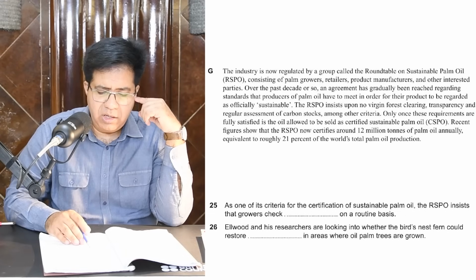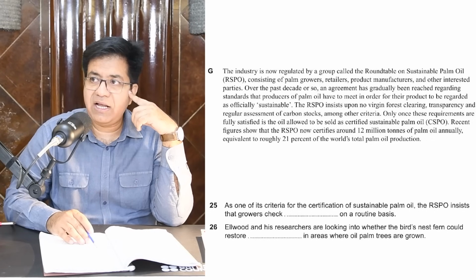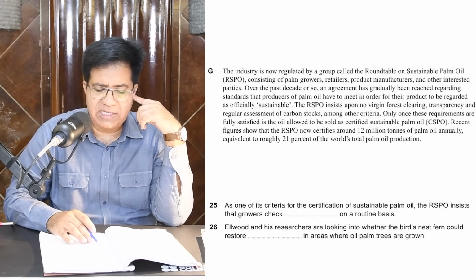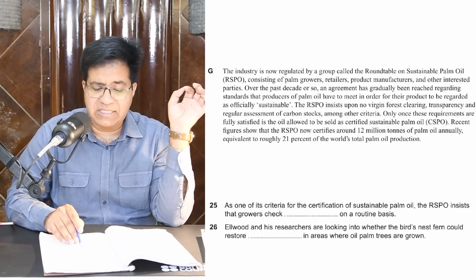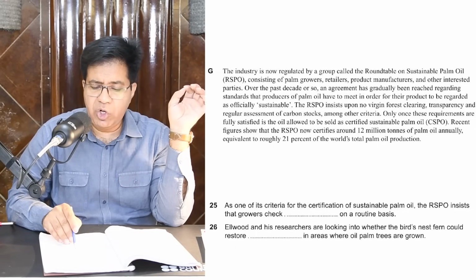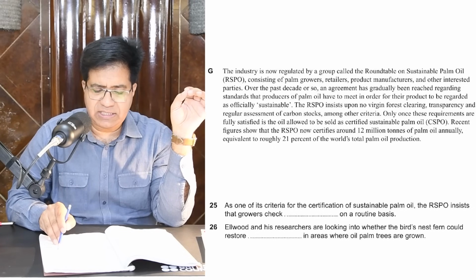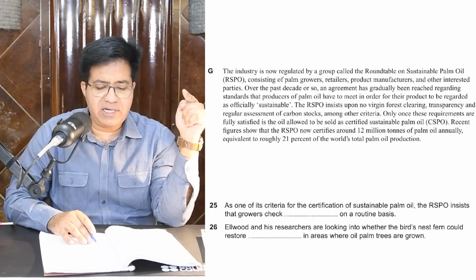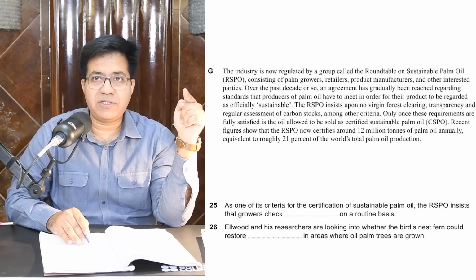So we go on. Please come to the fifth line where you see as officially sustainable. Found it? Paragraph G, fifth line, as officially sustainable. The RSPO insists upon no virgin forest clearing, transparency, and regular assessment of carbon stocks.